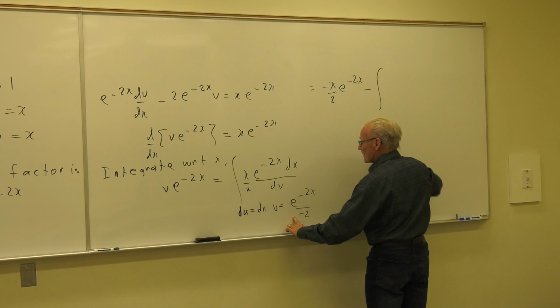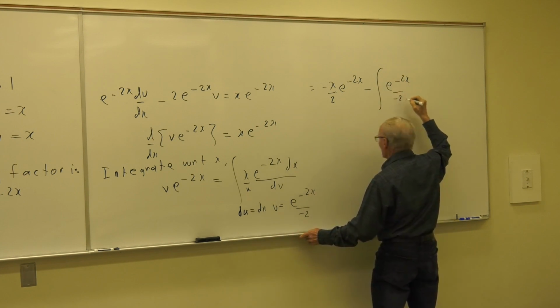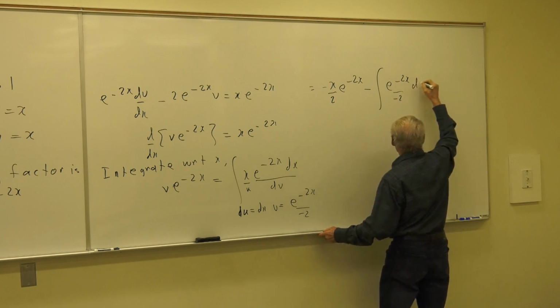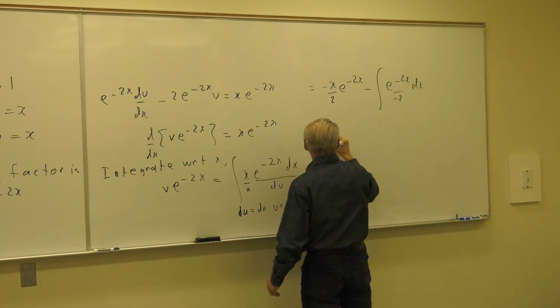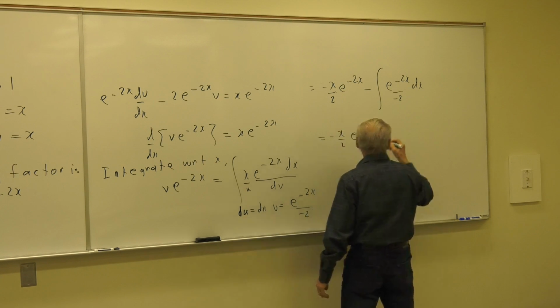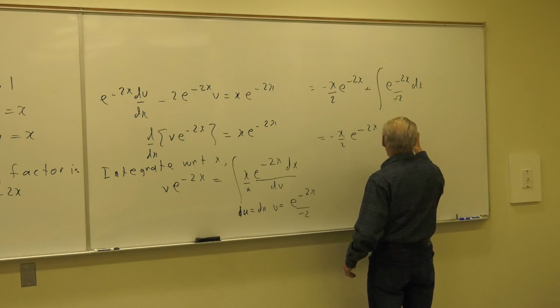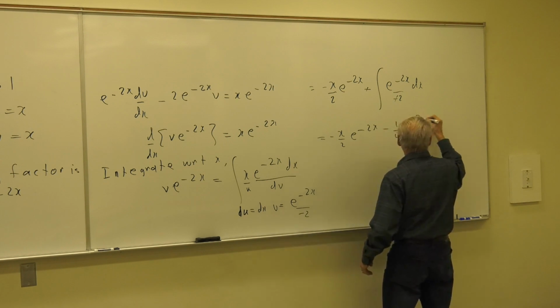Minus the integral of v, e to the minus 2x over minus 2, du, which is dx. And so finally then, minus x over 2 e to the minus 2x. And if we integrate this, cancel, cancel, minus 1 over 4 e to the minus 2x.